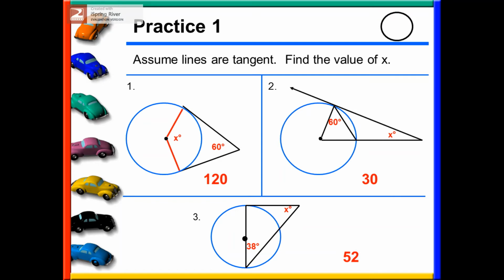Again, this is a triangle. Now, x is equal to 180 minus 38 plus 90, which is 52 degrees.